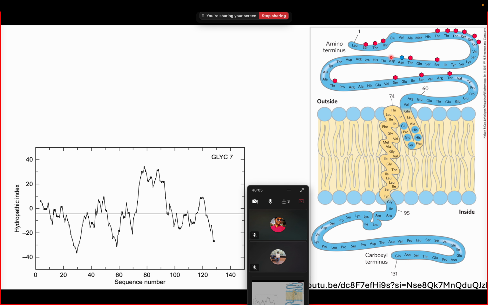We are not concerned about this, but what we are concerned with is the hydropathy index. Earlier there was no relation between the sequence and the location of a protein, right?